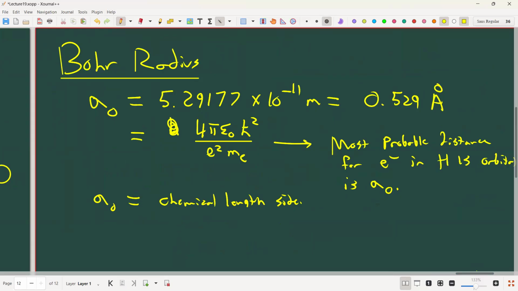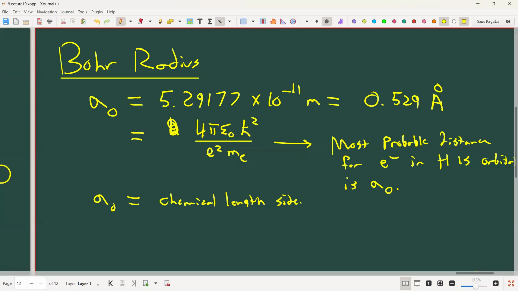When you share, that means that the total bond between the two atoms is going to be about 1.06 angstroms. And that's exactly a rough bond length, right? Those bonds are about an angstrom. Some are maybe 1.8, maybe 2. But typically they're on the order of about 0.8 to 1. Right? And so that scale of bonding is entirely set by this Bohr radius, right?